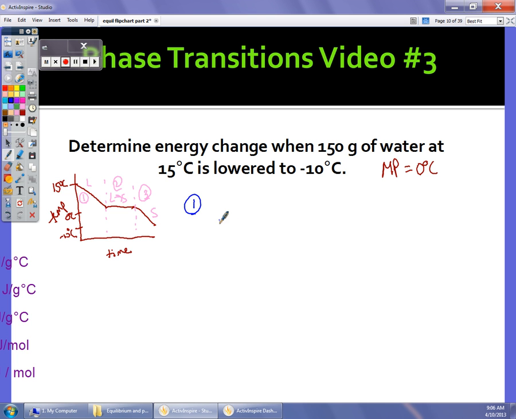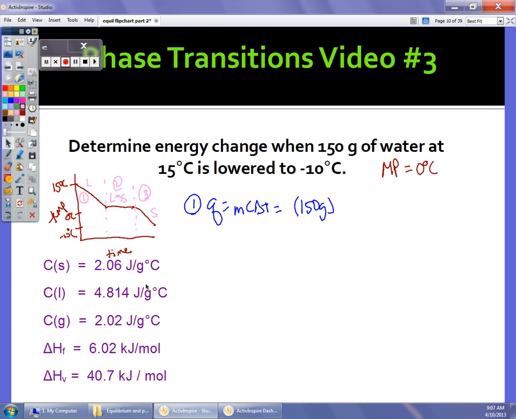Okay, step 1. Step 1 is a temperature change. So Q equals MC delta T. I'm going to put in my values. Notice that my C is in the liquid phase, so I want my liquid variable. And then the temperature change went 15 to 0.